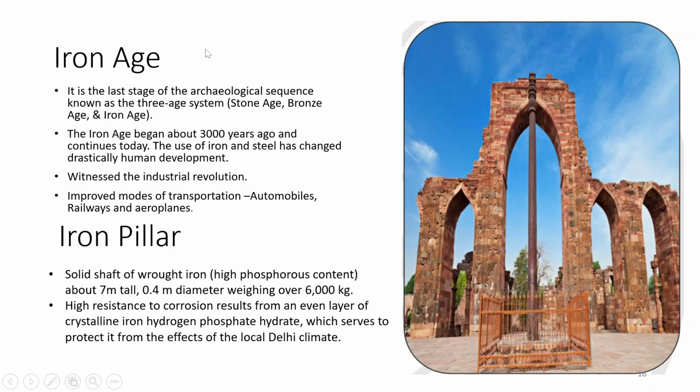Then Iron Age, in this case steel is used, which is part of all transportation such as automobile, railways and aeroplanes. All these consisted of steels. Now the iron pillar is a solid shaft of wrought iron. In this case a lot of phosphorus content is there, so there is a fused crystalline layer of hydrogen phosphate hydrate, and it provides protection against the corrosive environment of Delhi.